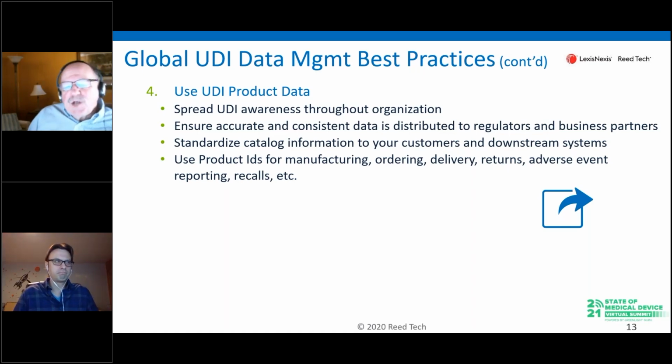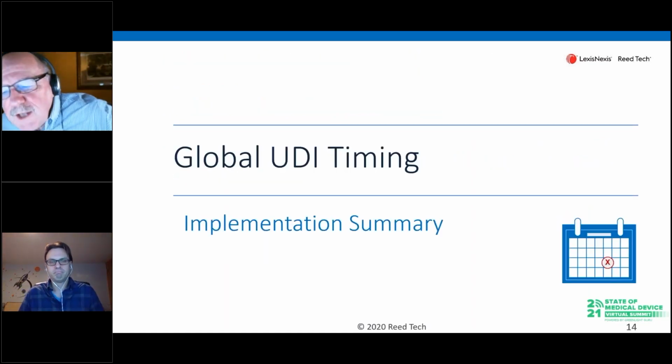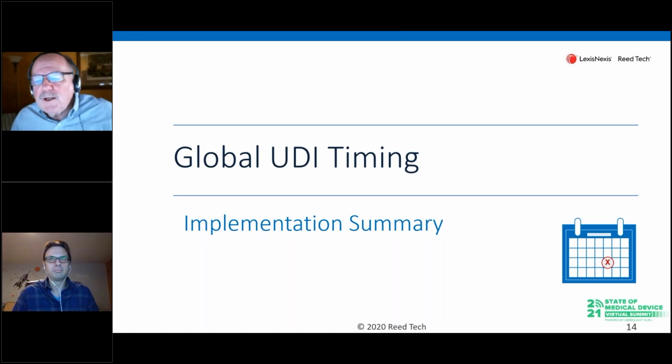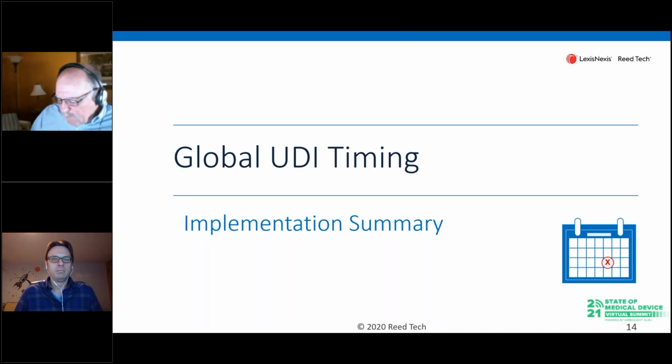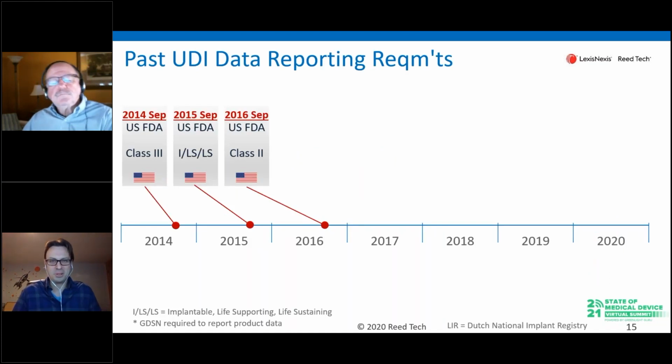So with that said, John, I'm going to turn it over to you to take a look at the global timeline and do a quick worldwide tour. Sure. Thanks, Gary. And I guess let's buckle up. There's a lot going on with respect to which regions are implementing UDI initiatives.